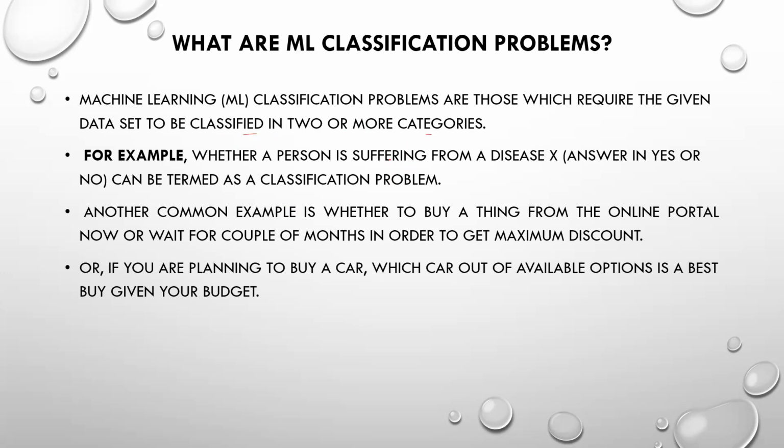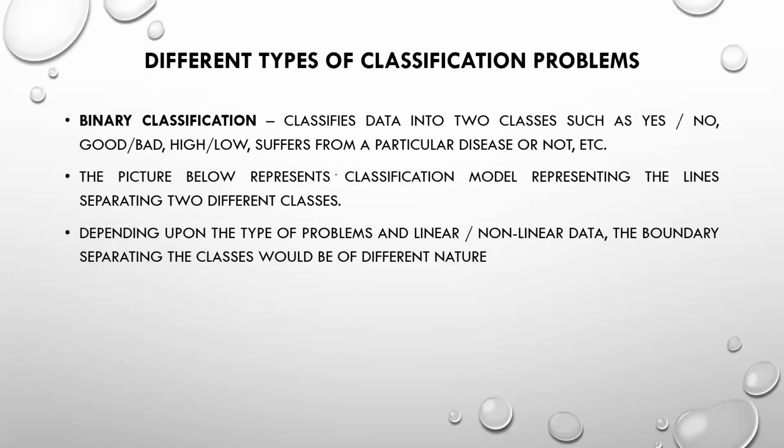Then the machine learning model has to classify whether a particular person has heart disease or not, yes or no. Another example: you want to buy something from an online portal. You will think whether you should buy now or wait for a couple of months to get the maximum discount. That also comes under classification problems. And suppose you are buying a car, where you have available options and you decide which one is the best within your given budget. This is also a classification problem.